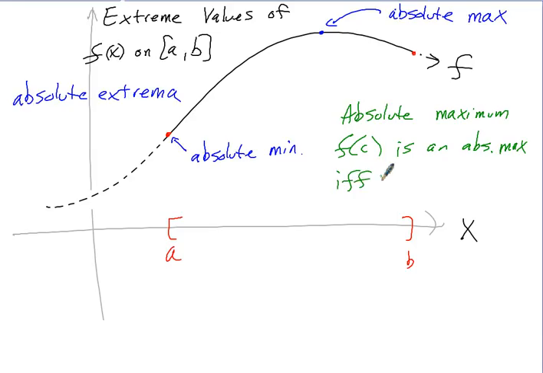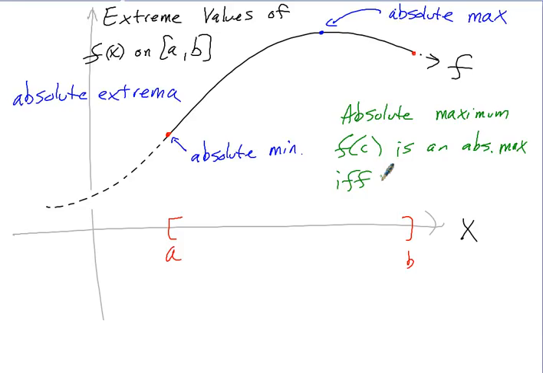What has to be true? Now we've got to put it into mathematical language. You told me it's the absolute maximum if it's the highest point, meaning the value of the function is the greatest for all the x values on this interval.